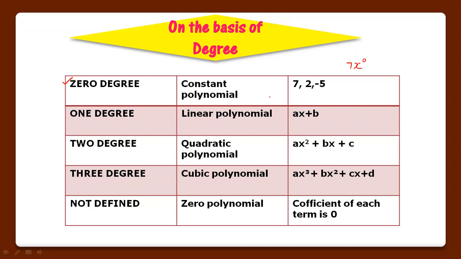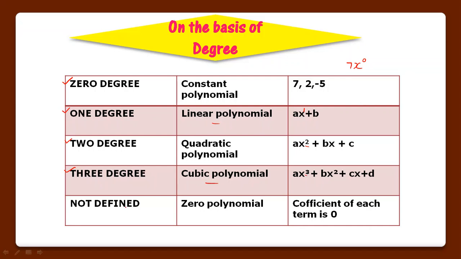Then comes degree 1, which simply means the highest power is 1. That is called a linear polynomial. Then comes degree 2, that is called a quadratic polynomial. Here the highest degree is 2. Then comes degree 3. Here the highest degree of the variable is 3. It is also called a cubic polynomial.